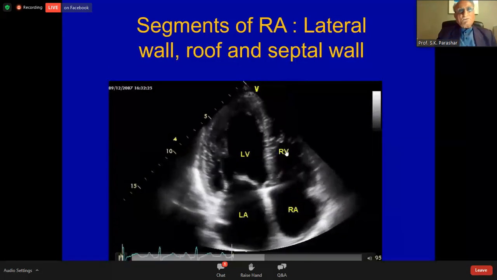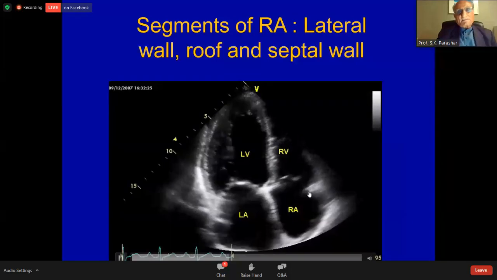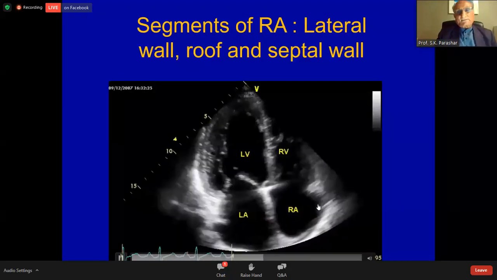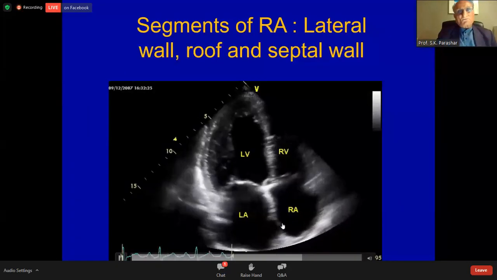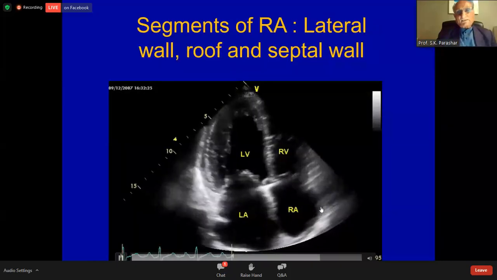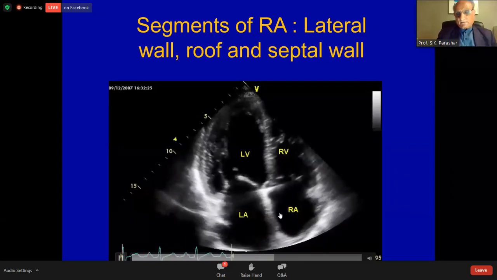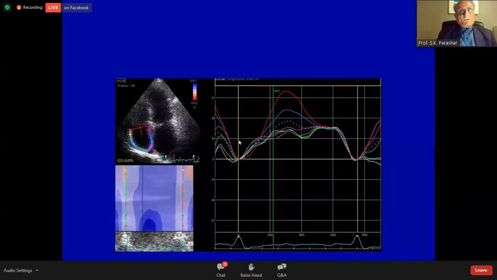When we do a strain of the RA, it is divided into three walls: the lateral wall, the roof, and the septal wall. Then you measure from the lateral annulus and measure the endocardium, and this is how you get values.